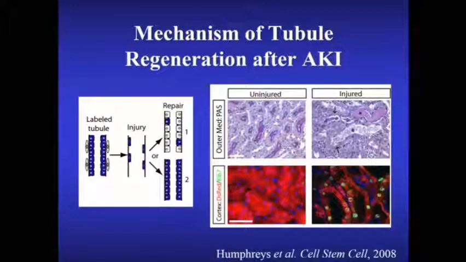Often we're supporting them with CVVH or intermittent dialysis, or just watching daily until the creatinine normalizes or at least starts heading in the right direction. The reason that takes so long is, fortunately, that the tubules can regenerate. As opposed to some organs like the heart, where there's not a lot of remodeling that can occur, in the kidneys they can make new tubular epithelial cells, but that takes time.